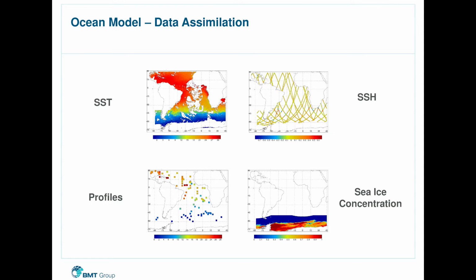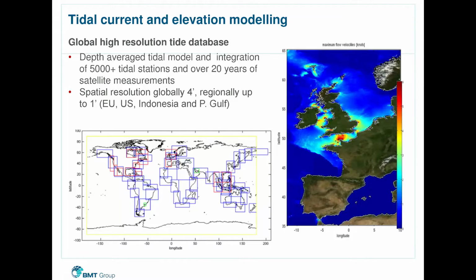So on a daily basis we're assimilating surface temperature, surface height, ocean density profile data from Argo floats, and sea ice concentration from satellite. We've also used altimeter data for constructing a global tidal model. So this can give us tidal elevation and depth average tidal current.